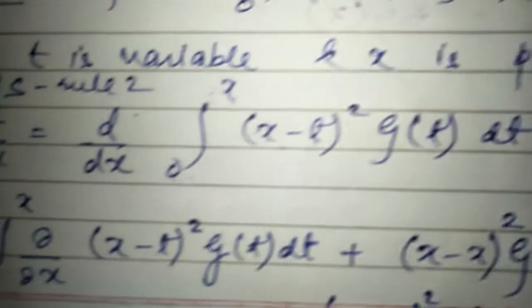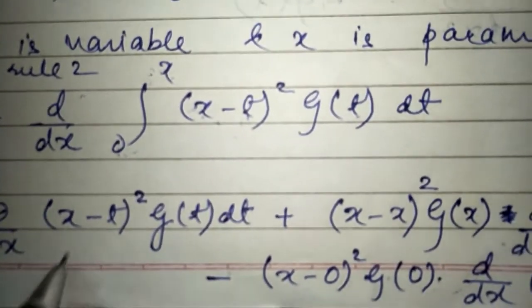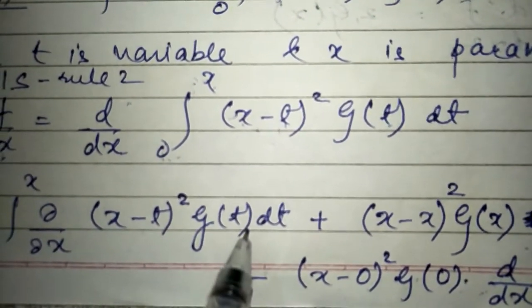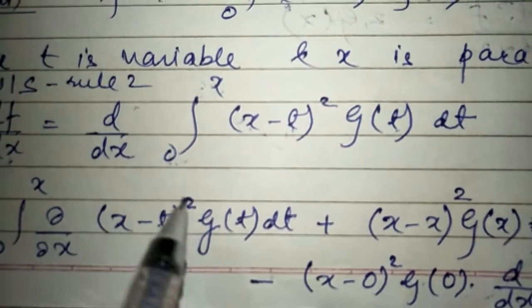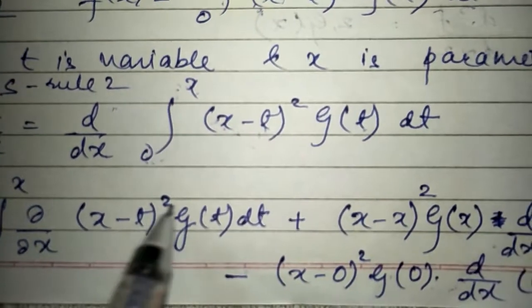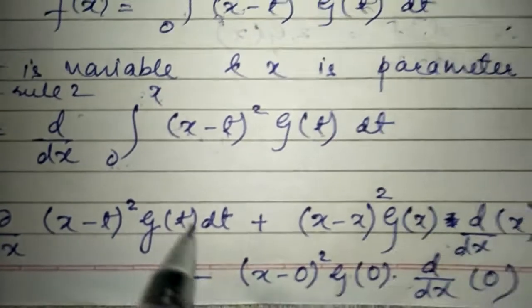Now this term is the partial derivative with respect to x of (x minus t) whole square g(t) dt. This g(t) is constant and the derivative of this term with respect to x will be 2 times (x minus t). This term is constant, it will remain as it is.